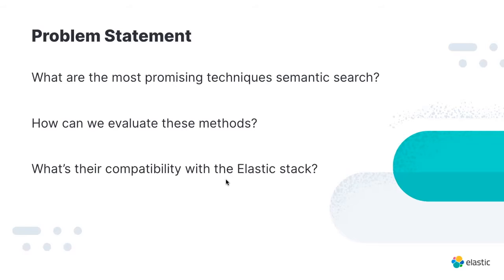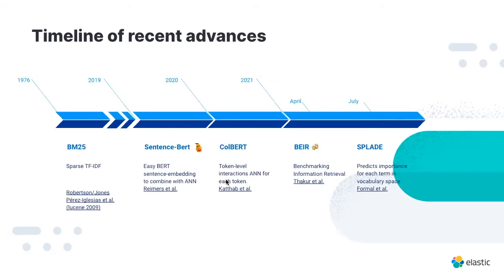We want to give you a proven solution for improving your search using semantic search. There are lots of things you could do, like cross encoders that would require days of GPU time to get any results, but we want this to be compatible with the Elastic stack and give you results in the same timely manner that Elastic does at the moment.